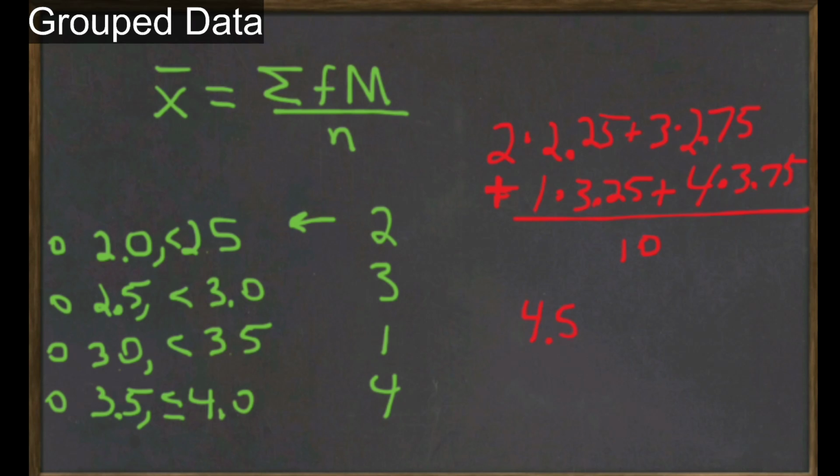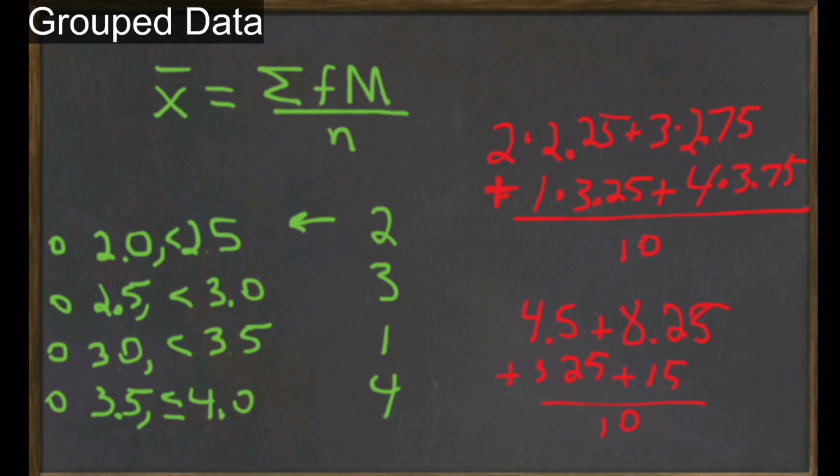So 2 times 2.25 is 4.5. Then 3 times 2.75 is 8.25. Plus 3.25, plus 4 times 3.75, which is 15. Okay, and that's divided by 10.